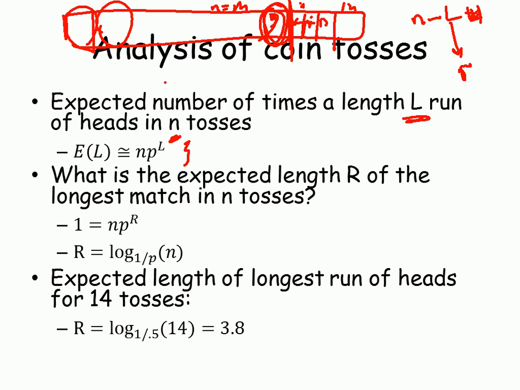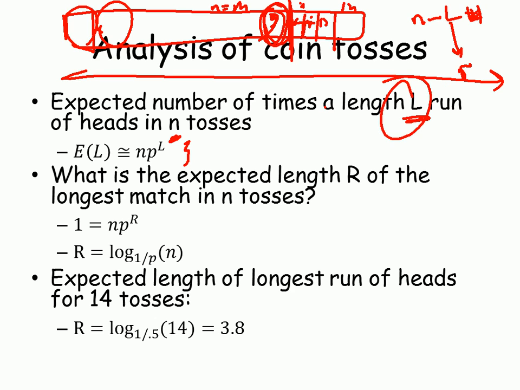But if n is really large compared to L, then you don't really care about L so much. So if n is 1 million and L is, let's say, 5, you don't really care about 1 million minus 5. Okay, so 1 million is going to be very similar to 1 million minus 5.